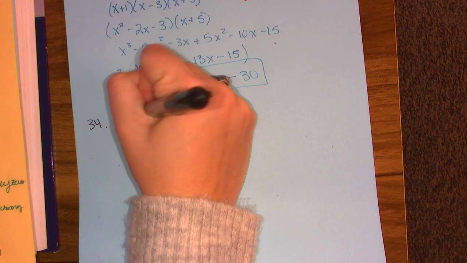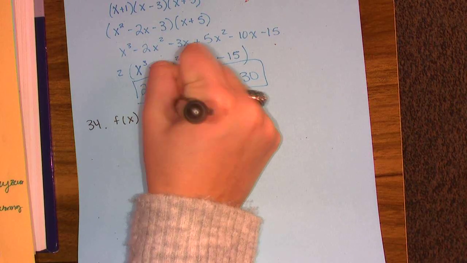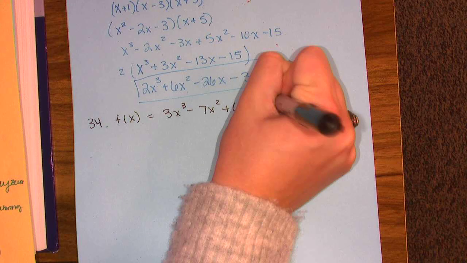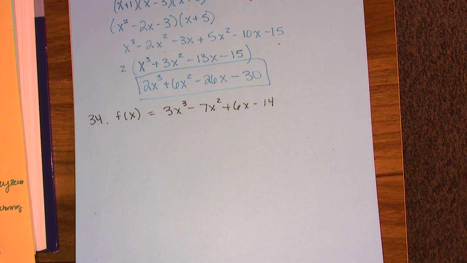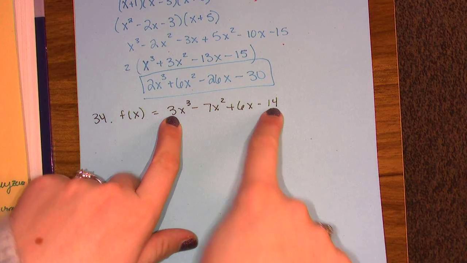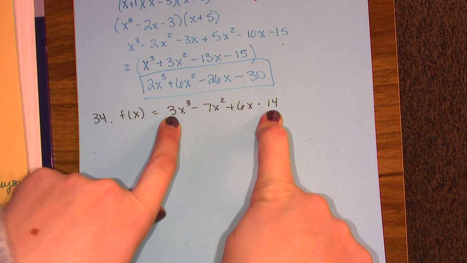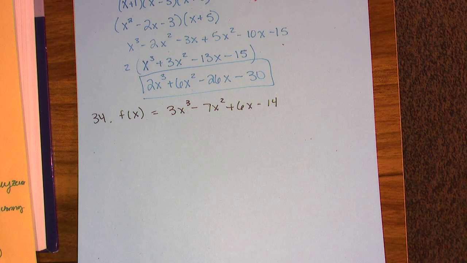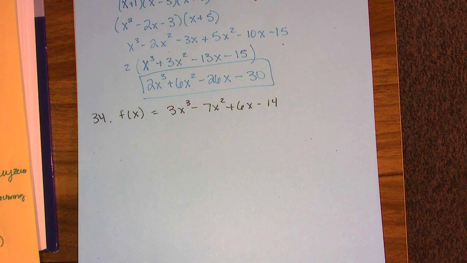Alright, f of x is equal to 3x cubed minus 7x squared plus 6x minus 14. Okay, so basically with this, if these were already 1 or -1, essentially all you have are those options, so you would just check both of those by plugging them in, and if they're not equal to 0, then it doesn't have any rational zeros.